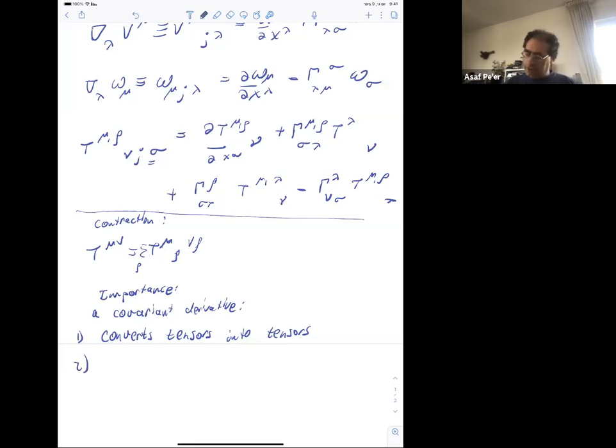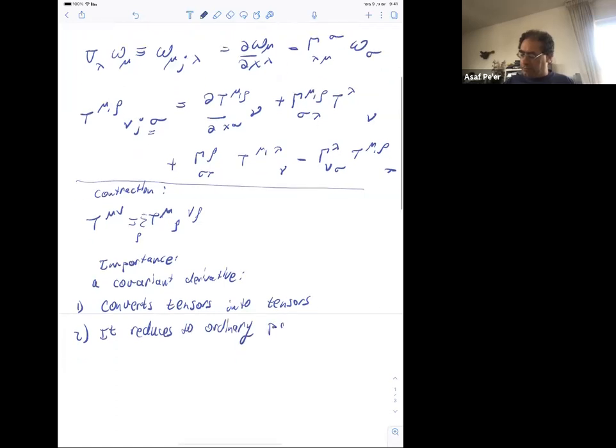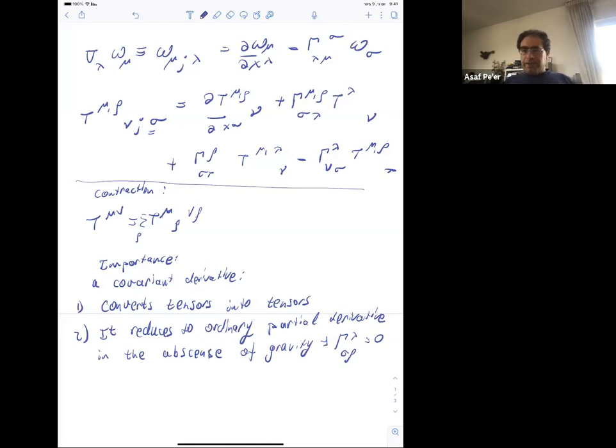It reduces to the ordinary partial derivative in the absence of gravity, so flat space-time. So that gives us a prescription for writing down an equation which we know holds.